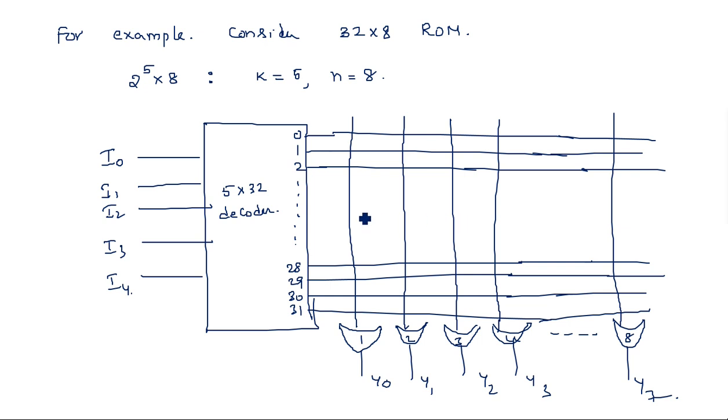Now suppose, for example, 2 is there, 7 is there, 28 is there, 9 is there, then what we have to do? Let us consider y0 is a summation of m of something like 2, 5, 7, 32, 28, like that.